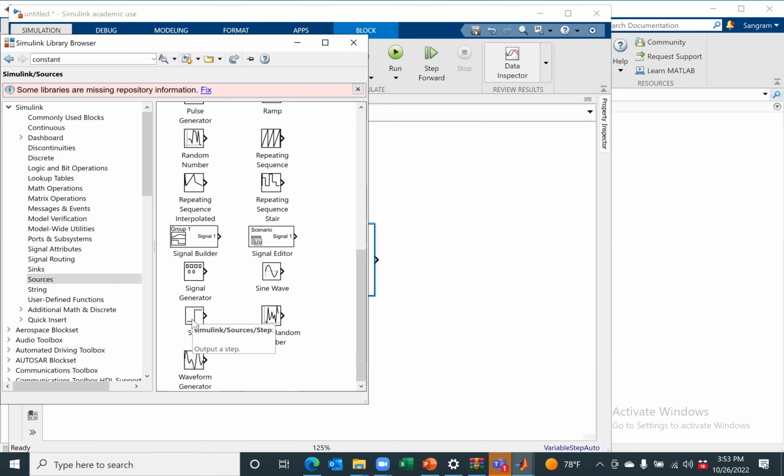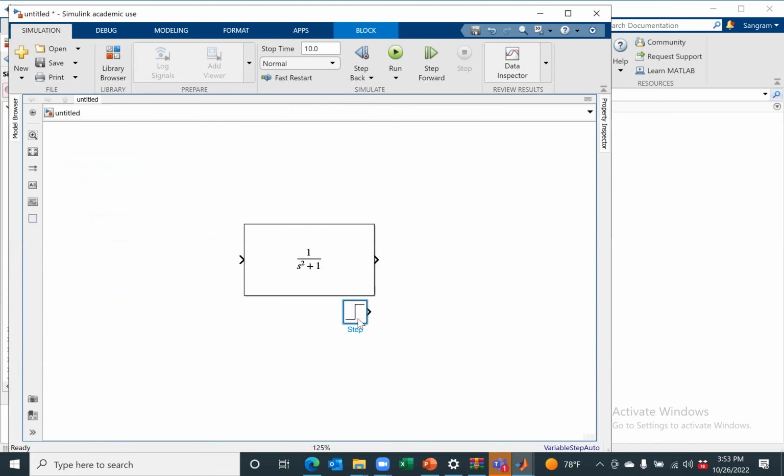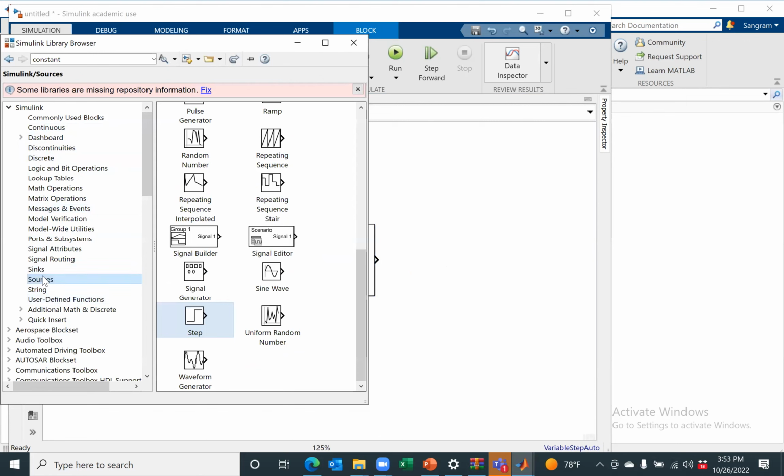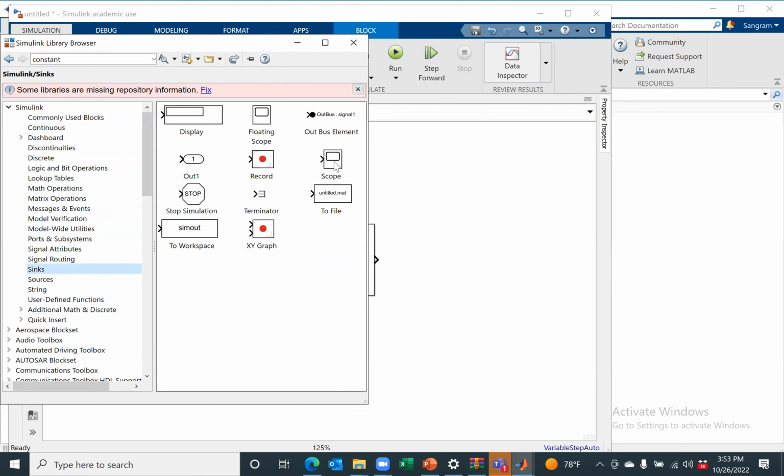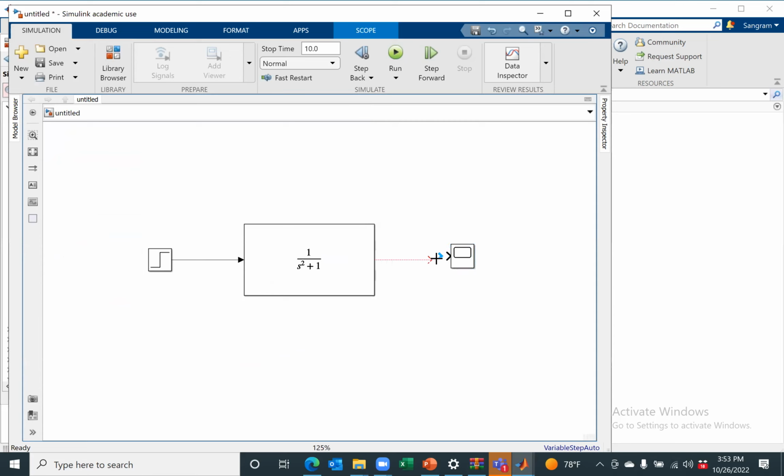Can you see this step input? Grab this step input, put it over here. Then go to library browser, sink, go to scope, add it over here, put it over here, and then basically run.